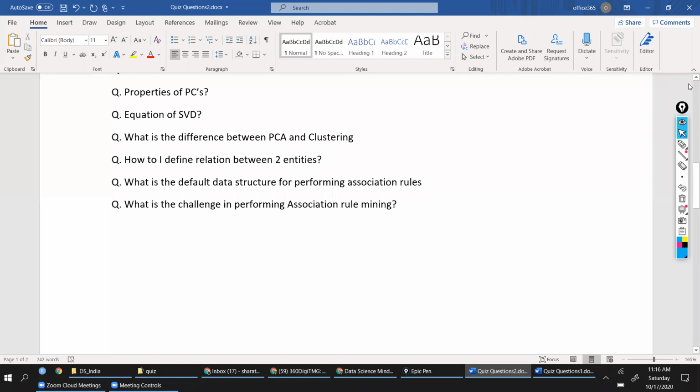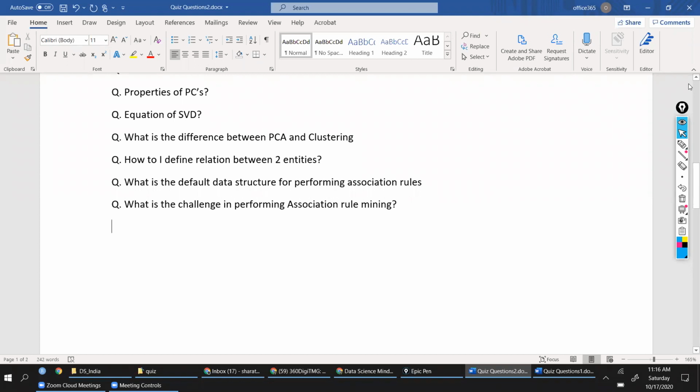Many parameters, okay. The primary challenge in performing association rule mining is the number of rules that we are generating.